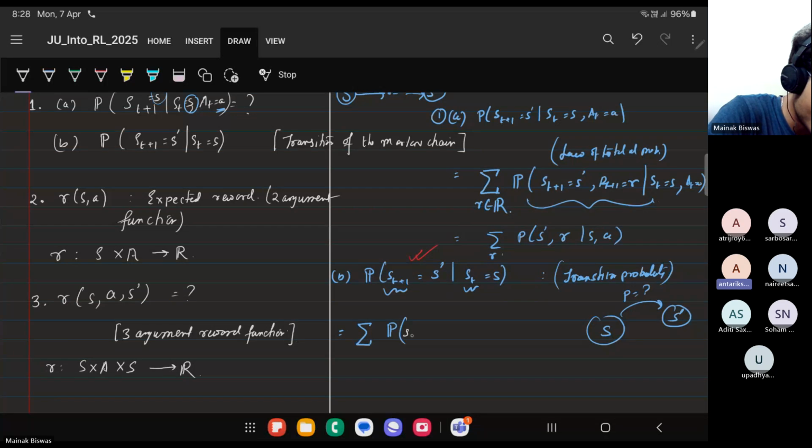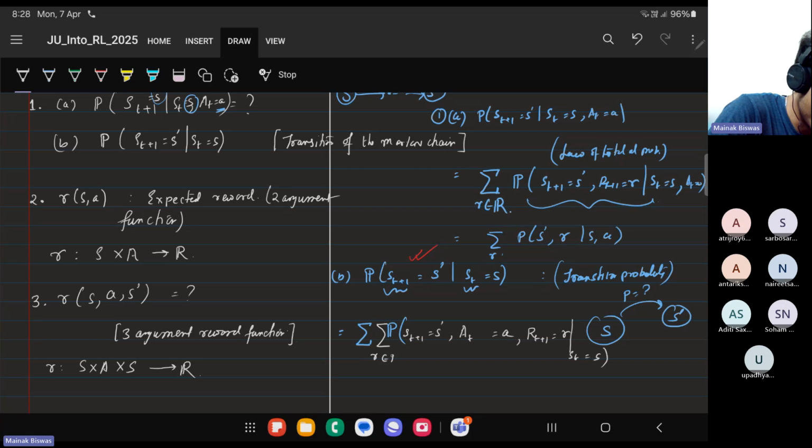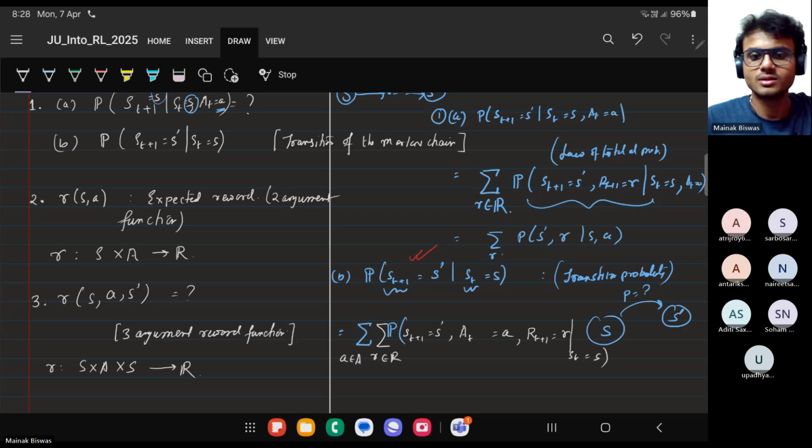I said let's partition first over action. Yeah, you can do that, but I'll do it in one less step and take a double summation. Is that fine? This is also fine, right? If I take a double summation over all rewards and actions, this is also fine.